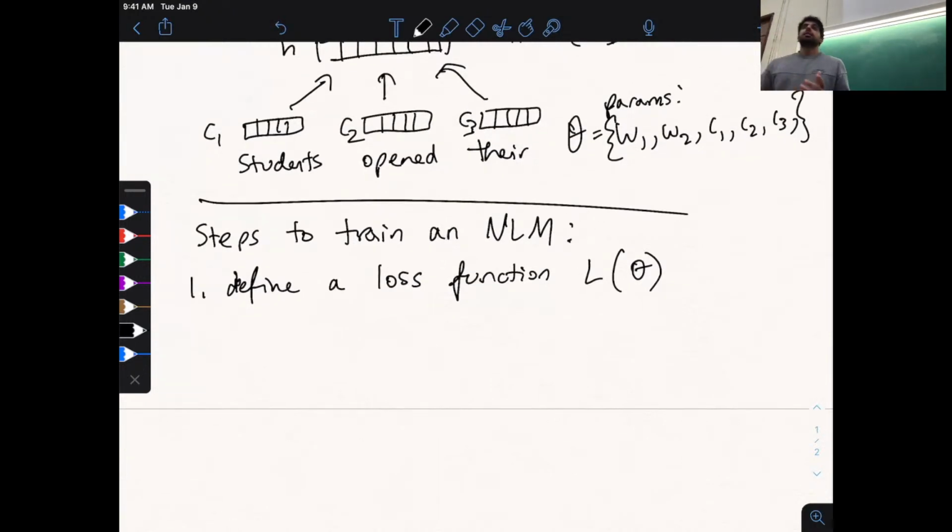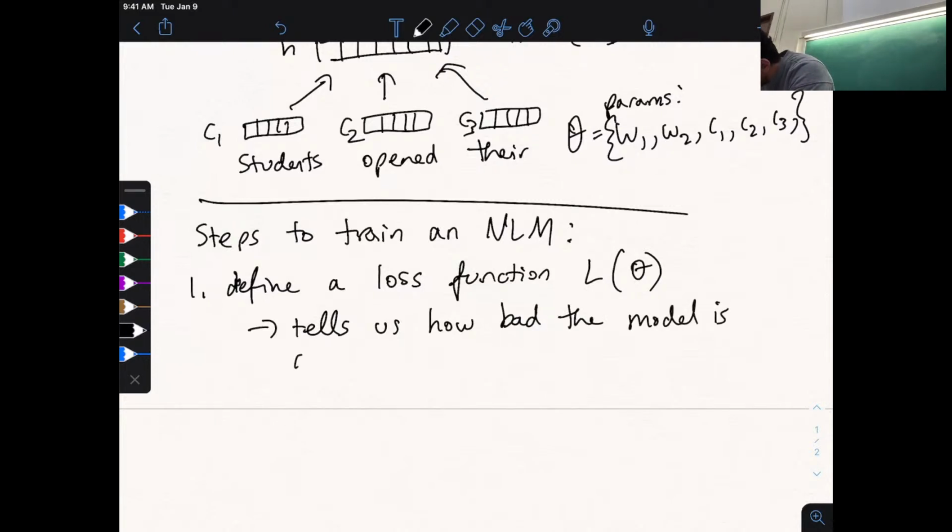So what does our loss function do? Intuitively, it tells us how bad the model is at predicting the next word.